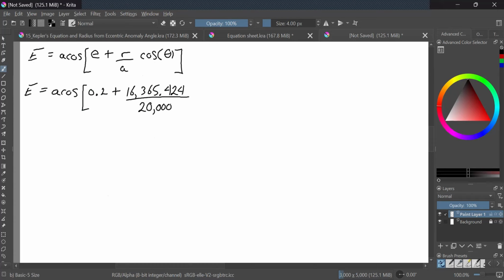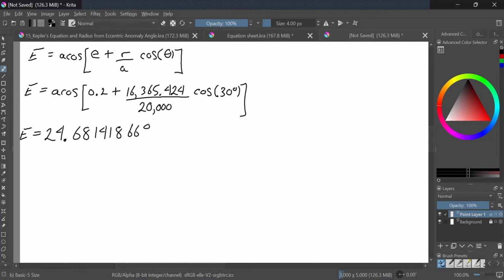20,000. I just realized I haven't been talking while I've been doing this. This is a first for me. That's the cosine of 30 degrees. All right. You plug that in, you're going to get a value of 24.68141866 degrees.